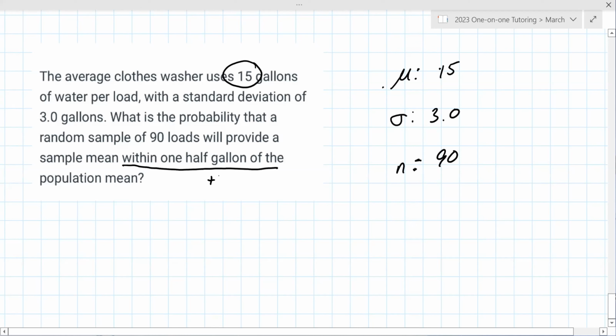Now notice it says within 1/2 gallon of the population mean. So that's kind of like that first problem we did, where it's plus or minus 0.5. Do you remember us doing that, like 95 to 200? Yeah, but this time the mu is 15.